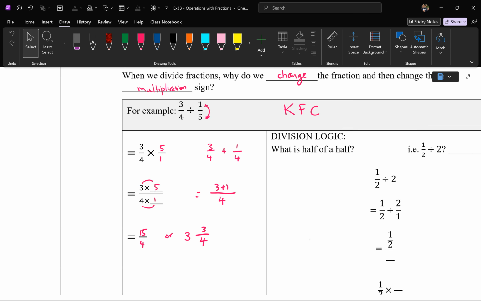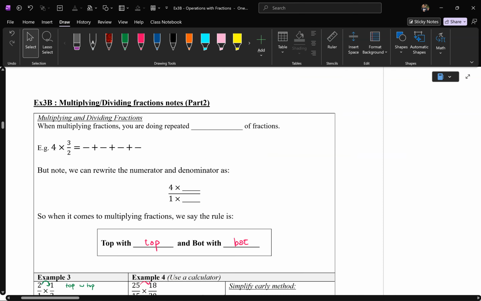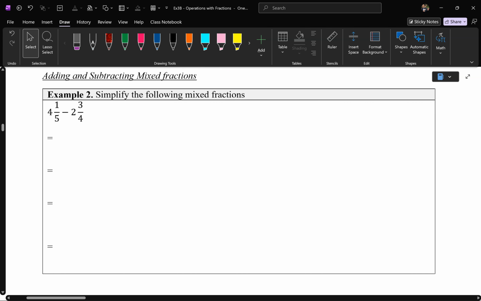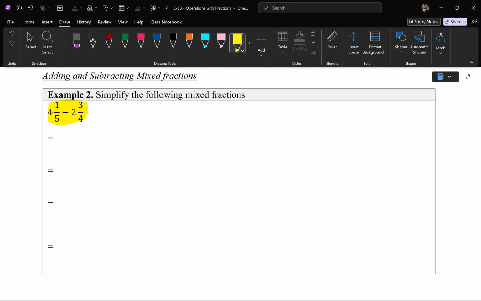Cool? One last caveat. On your very first page, I didn't mention this, but I did talk to some individuals. When you're doing this question, mixed fraction, adding or subtracting, I know in the textbook they teach you a shortcut. They teach you to go 4, take away 2, and then they say do 1/5, take away 3/4.